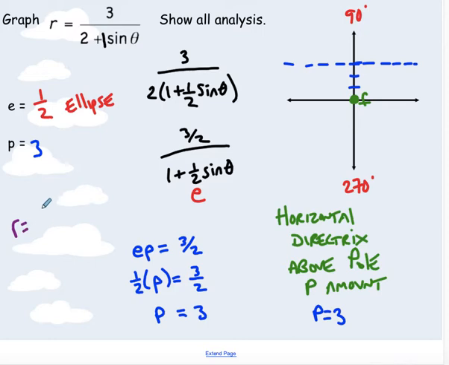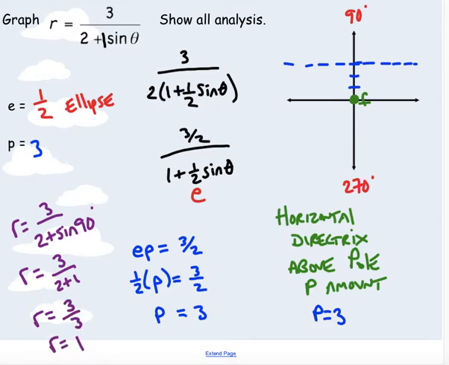So if I put in 90 degrees, sine of 90 degrees is 1. So then that would be 3 over 3, which equals 1.